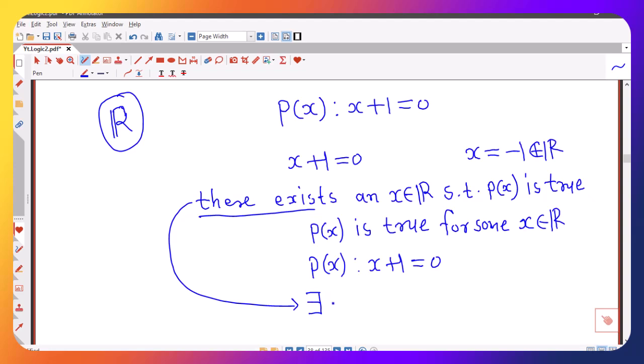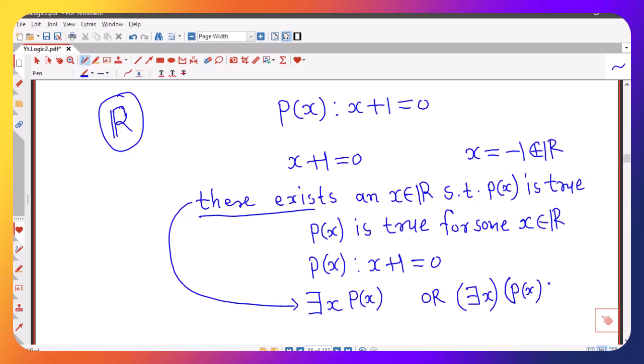So we can write that there exists x such that px is true. We will write either in this way, or some authors use brackets also: there exists x, and px in the bracket, and the domain is the set of real numbers.